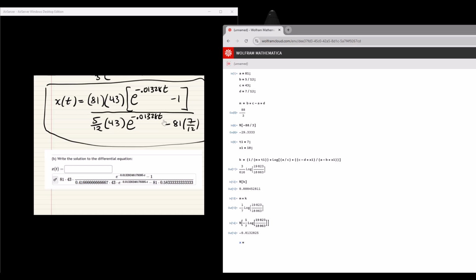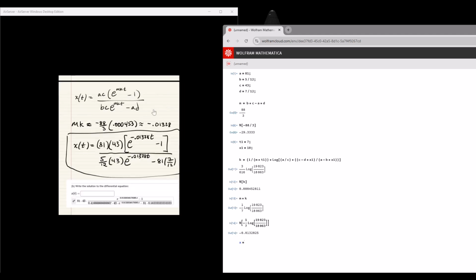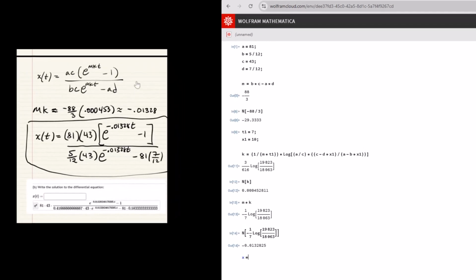So x would be, in general, I could use the general formula for the solution up at the top. So x would be, in the numerator, a times the c value times, now on the Wolfram Programming Lab I have to use exp for the exponential function with a bracket.